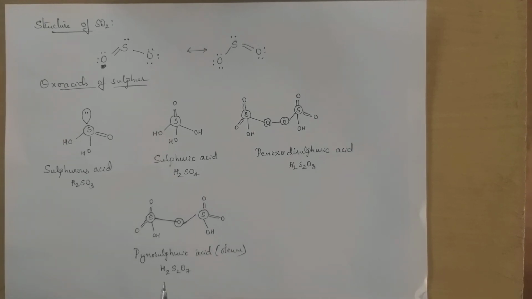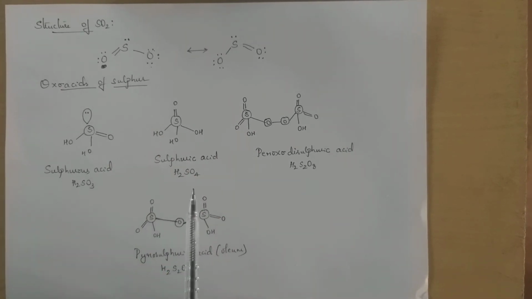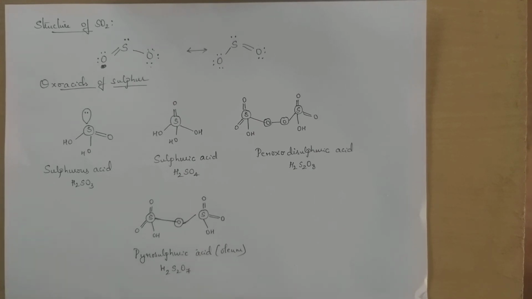The composition is H2S2O7. So here also we have 2 sulfur atoms with 1 bridged oxygen atom. Each sulfur atom has 2 double bonded oxygen atoms and 1 hydroxyl group. Clear? So this is about the oxoacids of sulfur. Next we have sulfuric acid, that I will take up in the next class.